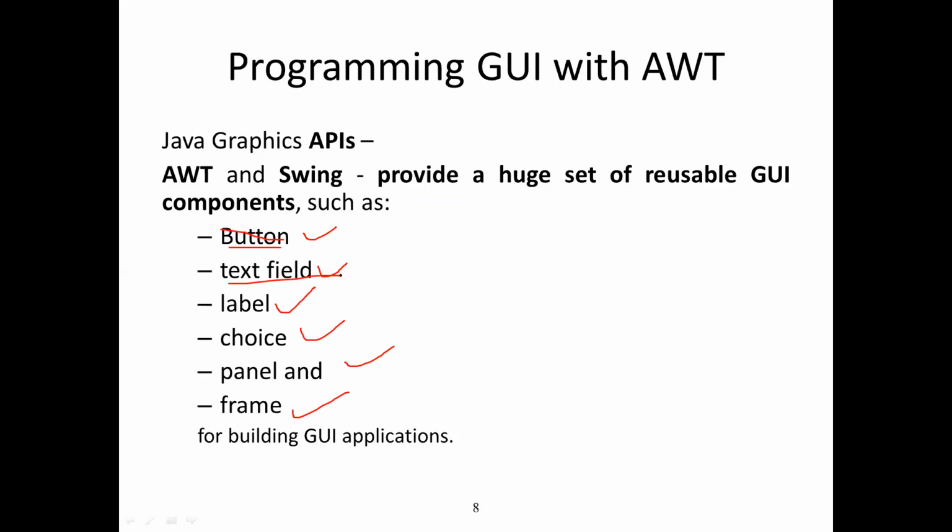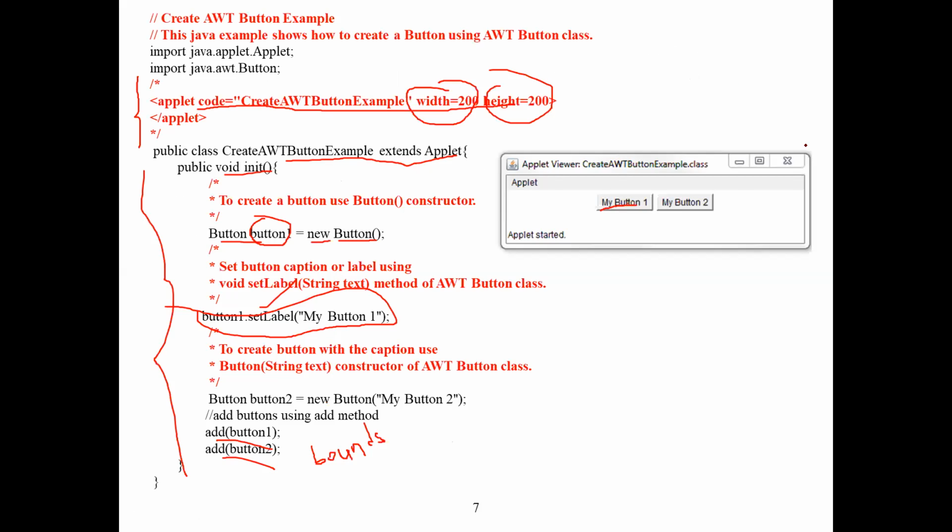What is the use of a text field? The text field is mainly used for creating an area or space where one line of text can be written. Only one line of text can be written. Then we have something called a label. So what is a label in AWT? A label is just like in the previous example you have seen.